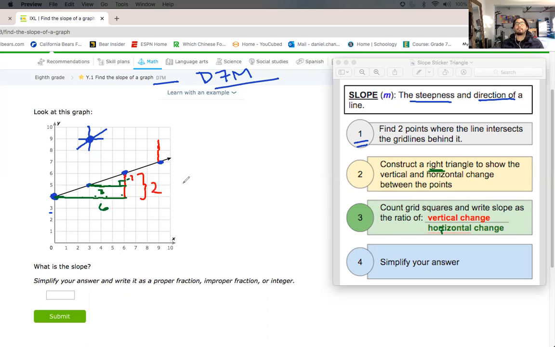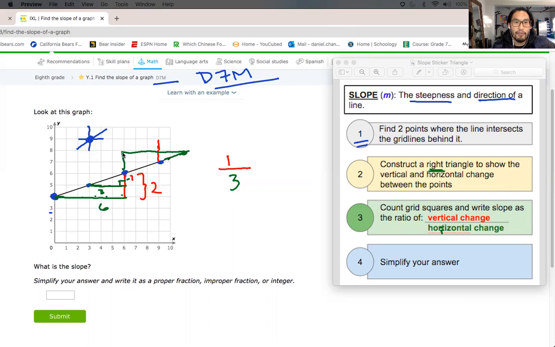So slope is the ratio of vertical change over horizontal change. For any one of these blue points, how many boxes vertically do I need to go, and how many boxes horizontally to get to the next point on the line? That's what slope is. It is vertical to horizontal.